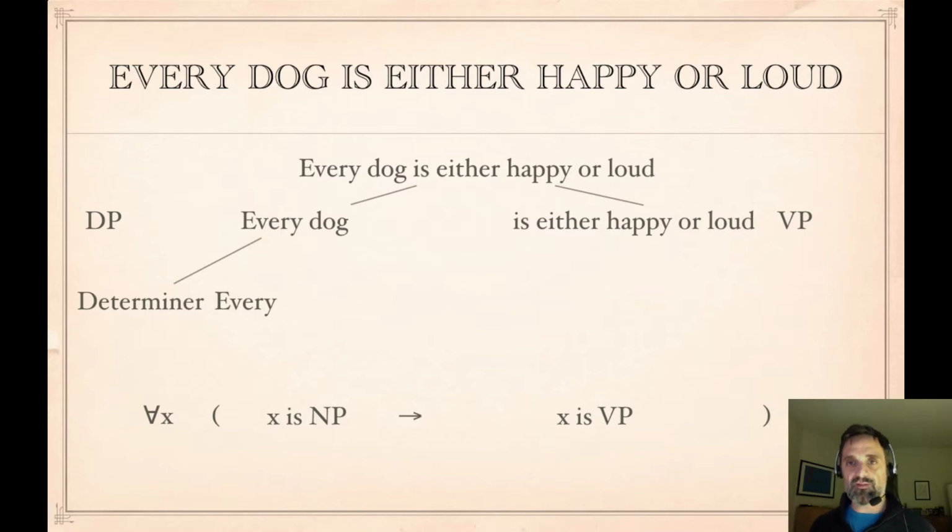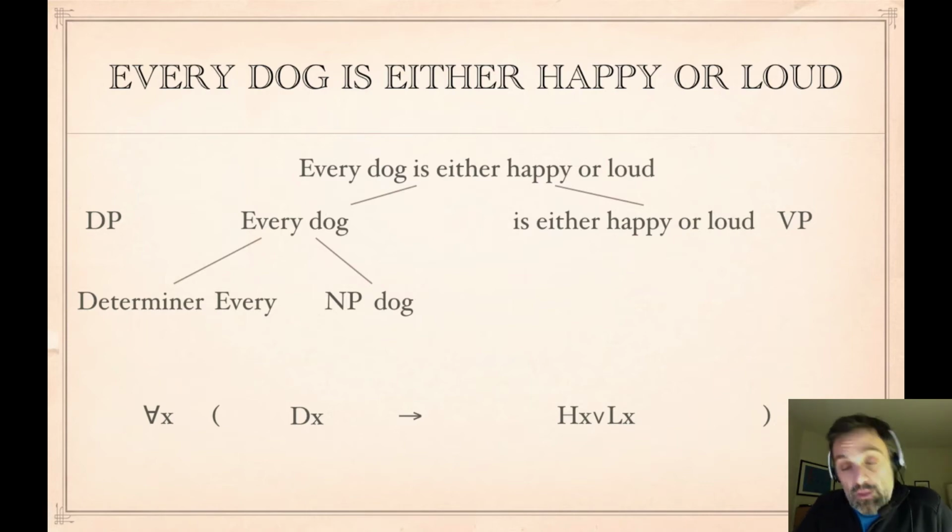We know what the verb phrase is. It's x is either happy or loud, and so that's going to be symbolized as Hx or Lx. And then dog is the other part of the determinative phrase. That's the noun phrase. The noun phrase gets symbolized in the antecedent, so we have x is a dog in the antecedent, and so we have if Dx, then Hx or Lx.